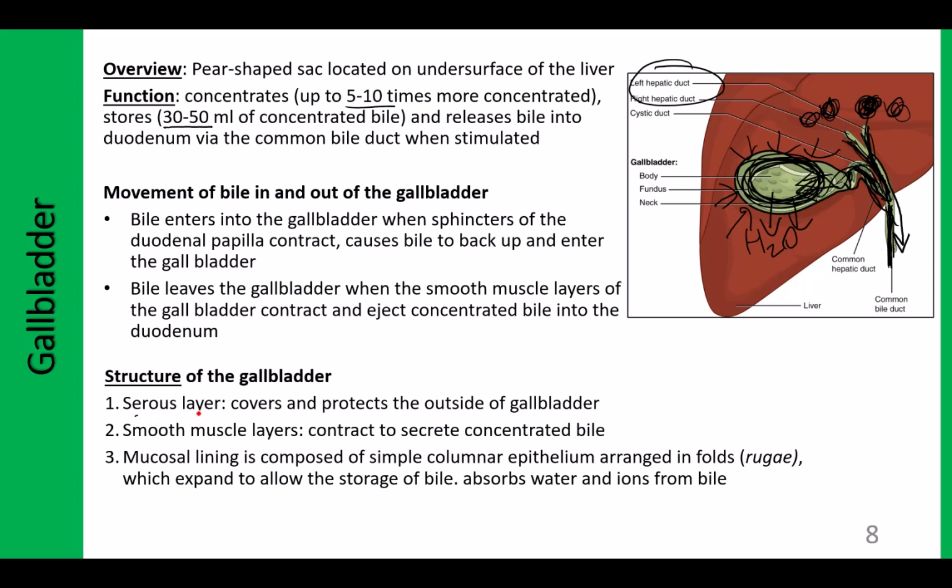You've got an outer connective tissue layer, a middle smooth muscle layer, and then an inner epithelium layer, right? The inner epithelium layer is made out of one layer of columnar epithelium to allow for easy absorption of water and ions from bile in order for it to be concentrated and stored in the gallbladder.